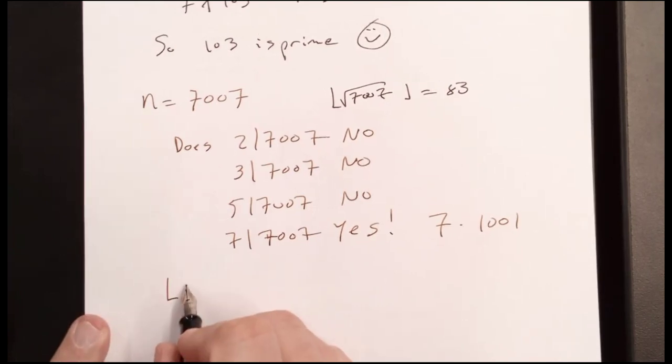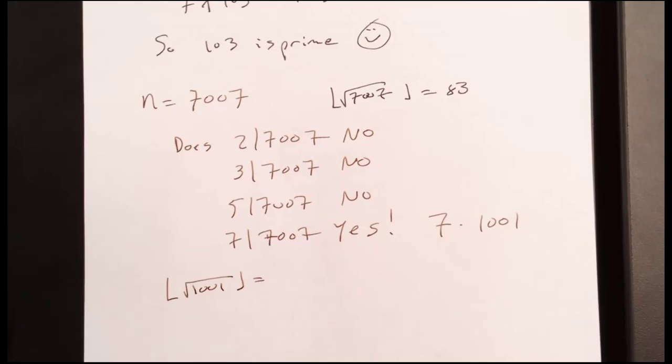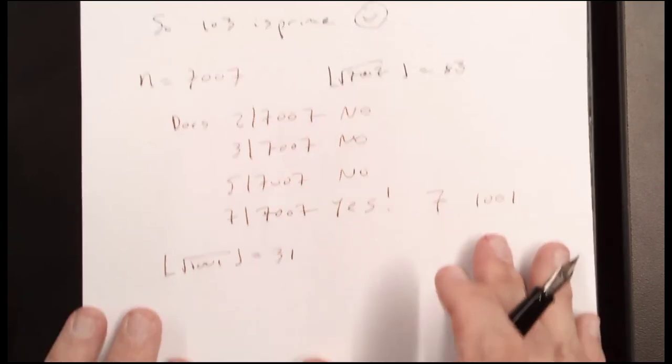What is the floor of the square root of 1,001? So I only have to go up to 31 now. I don't have to go up to 83. I've even made the set of numbers I have to look at smaller. And I can start at 7. Because it could be that 7 works again.